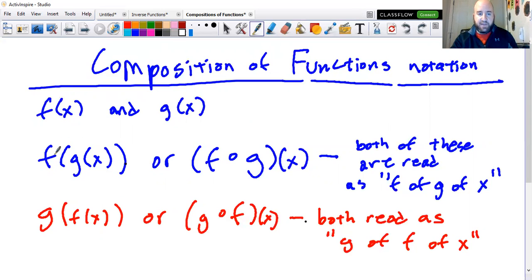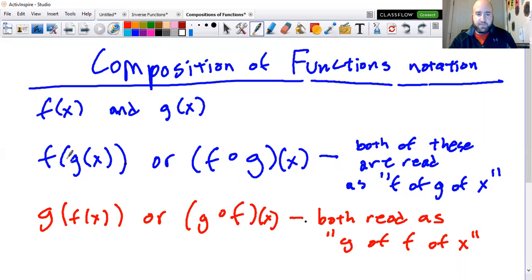So you have f parentheses, g parentheses, x, close both sets of parentheses, or parentheses f, which, like I told y'all in class, is like a dot. It's kind of like the multiplying dot, but it's open. So f dot g parentheses x. They're both read as f of g of x, so you can treat them both the same way.